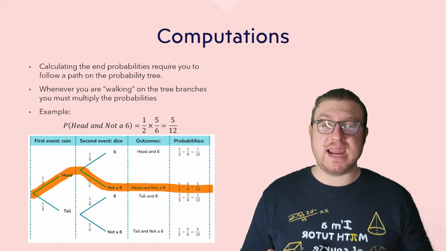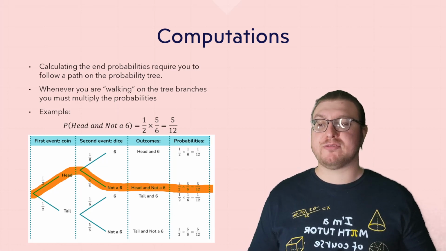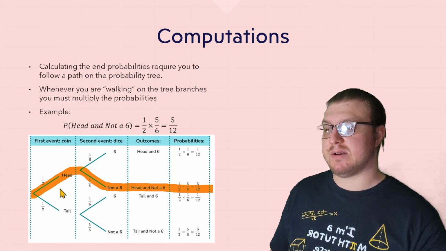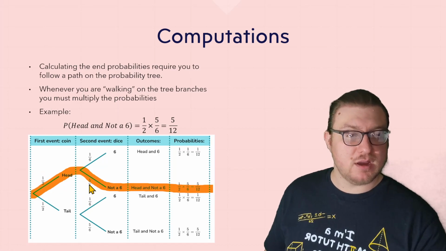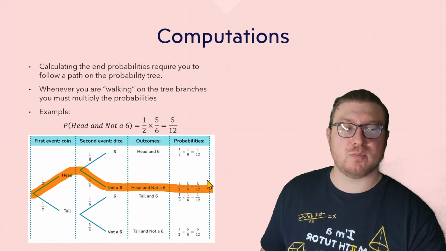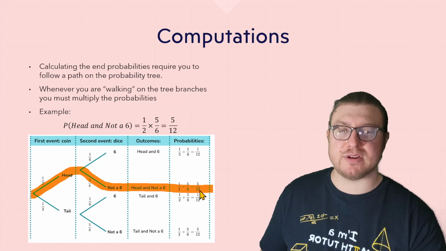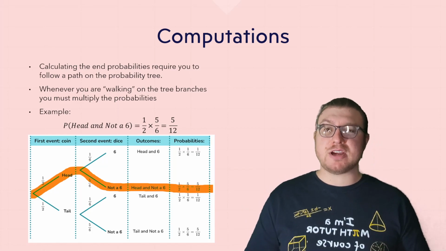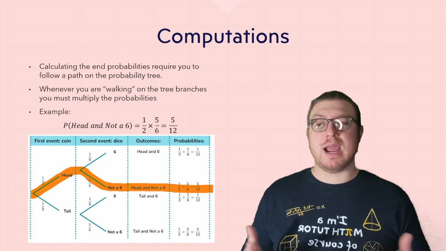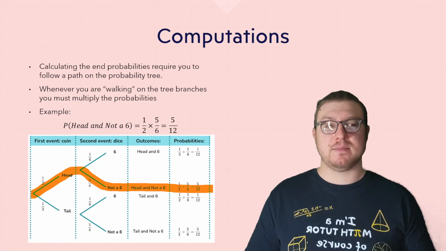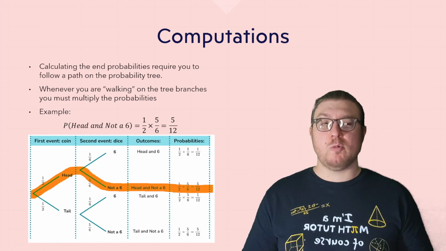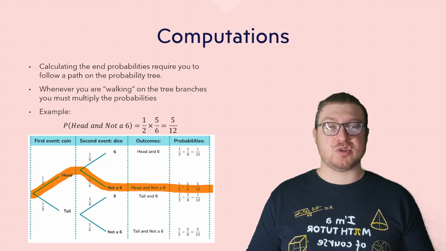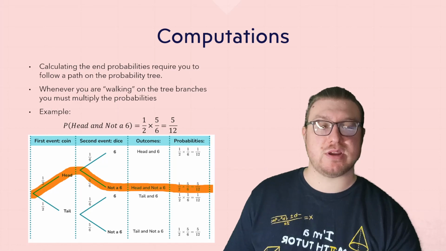So for the probability of head and not a 6, we multiply first going towards head, then to not a 6, which is 1/2 times 5/6. And you can put that in the calculator to simplify it as well, which gives 5/12. And if you're not confident leaving it as a fraction, by all means, put it in the calculator and make it a decimal. That's perfectly fine. Just remember, for probabilities, we expect 4 decimal places when you round your answer. So you want at least 4 decimal places when you're rounding.